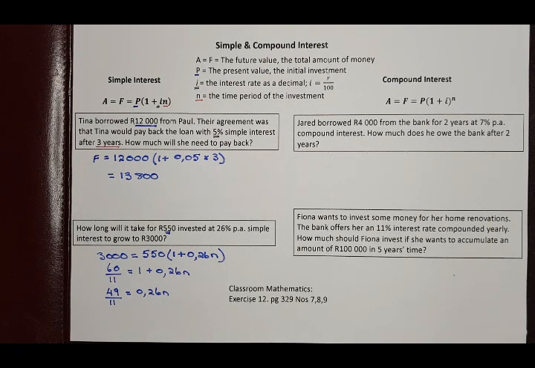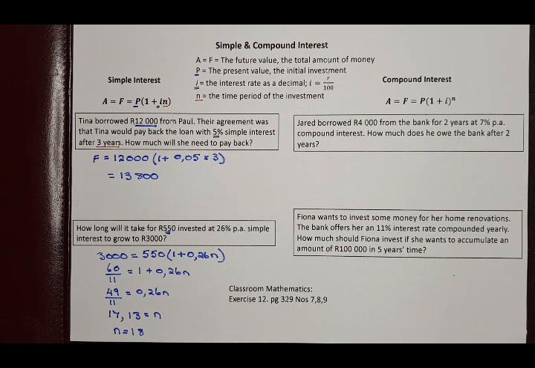Divide both sides by 0.26, and my answer becomes 17,13. Now, in this particular case, we want a whole number of years, so your interest is not actually going to be exactly 3,000 Rand. You're going to actually have to leave that money there for 18 years, really, if you want to land up with 3,000 Rand in your account.